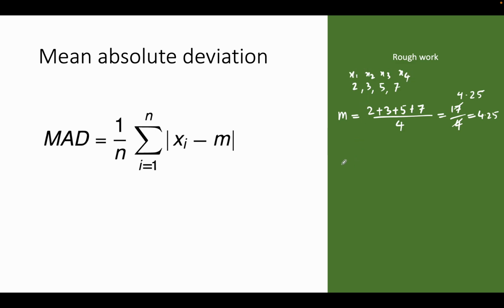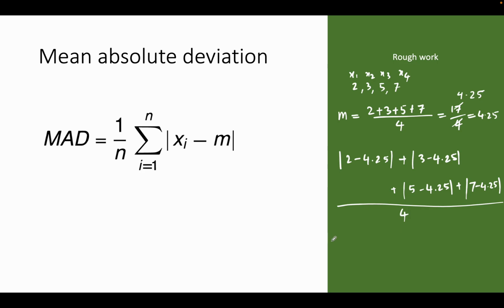First we have to add the xi terms: modulus of 2 minus 4.25, plus modulus of 3 minus 4.25, plus modulus of 5 minus 4.25, plus modulus of 7 minus 4.25, and this whole divided by 4.